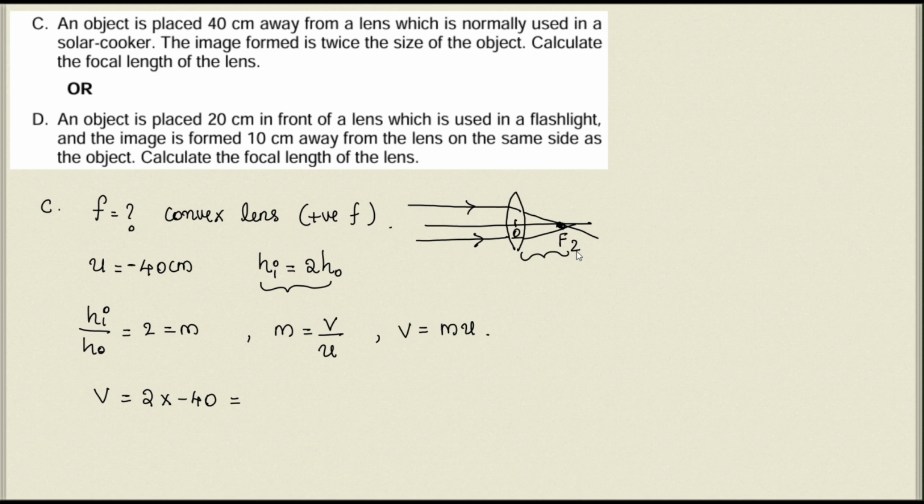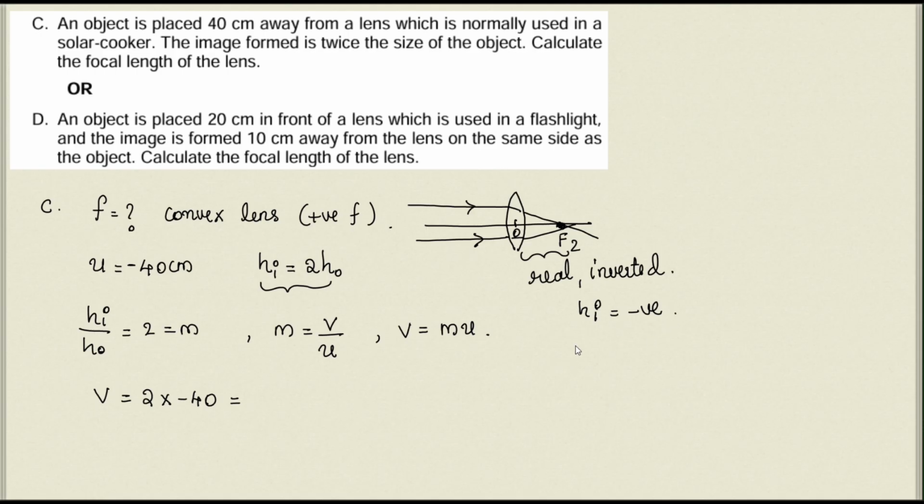So this image distance will be positive, and as it is a real image, it will be inverted. If it is an inverted image, the height of the image will be negative.